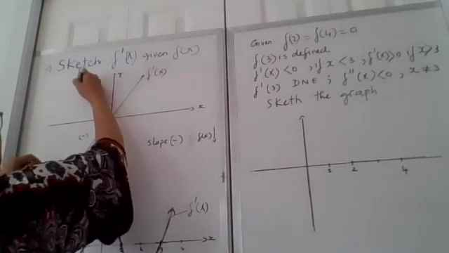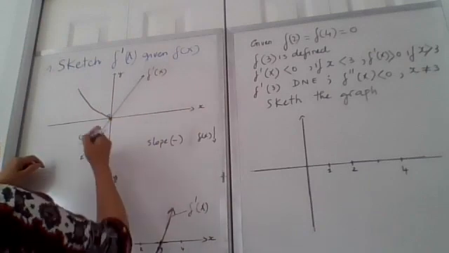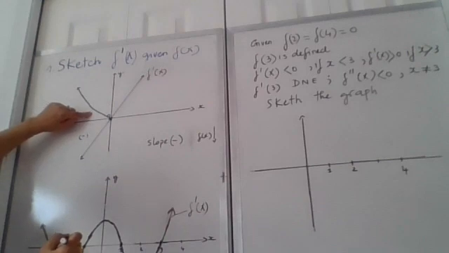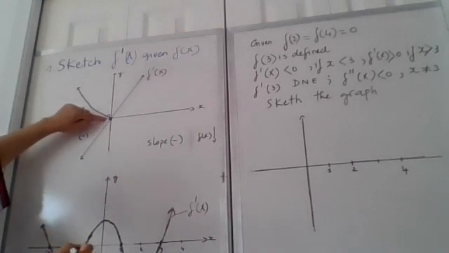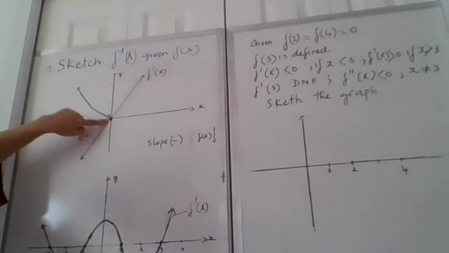So we can put our sketch down here. This is our function, going slowly decreasing because we have a negative slope, and finally touching where the slope equals 0.